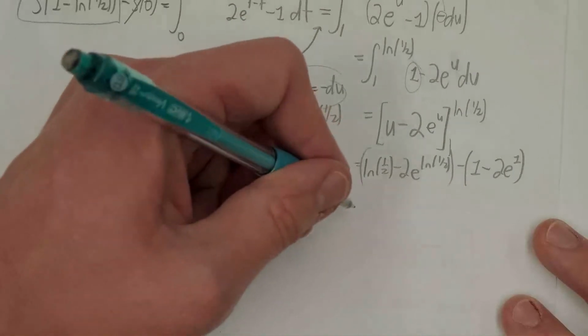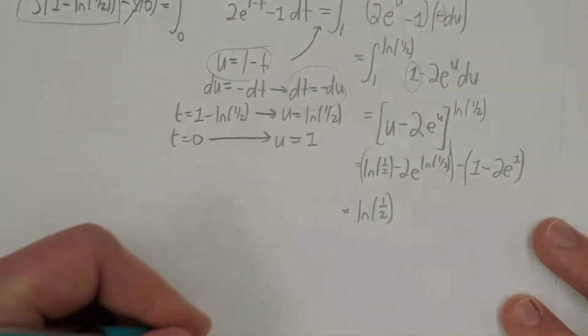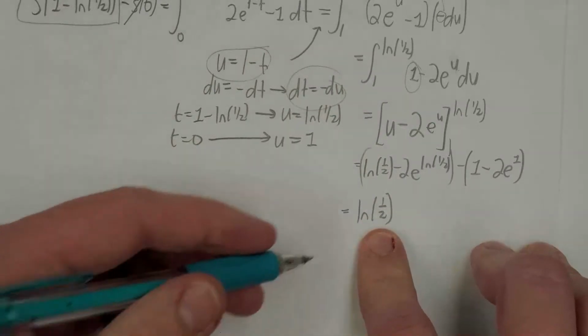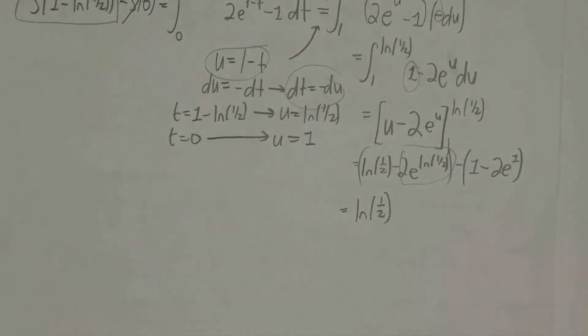Okay, so we get natural log of 1 half, that's our first term, and then minus 2 times e to the natural log of 1 half. So what does that simplify to? Yeah, just 1, right?